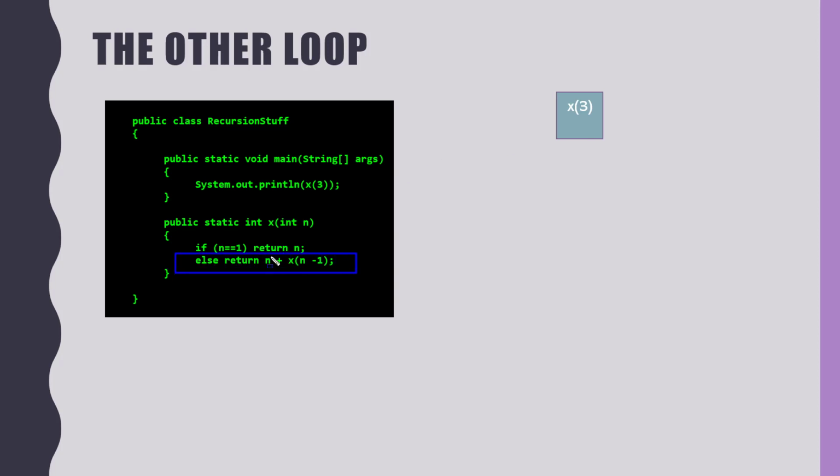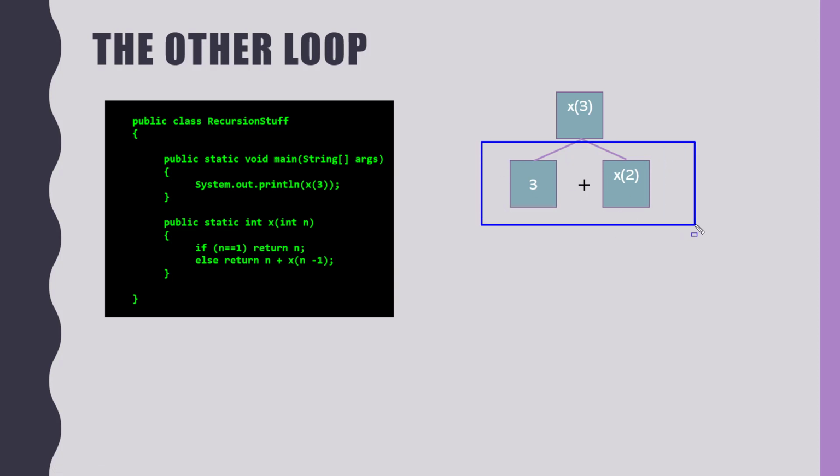It's going to return n, which at the moment is 3, and then it's going to return x of n minus 1, which is x of 2. So that means that x of 3 is the same thing as 3 plus x of 2. Agreed? That is mathematically identical. Whatever that equates to will be exactly the same as that. That makes sense?